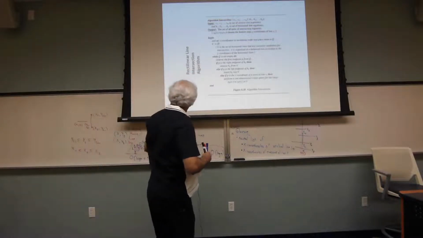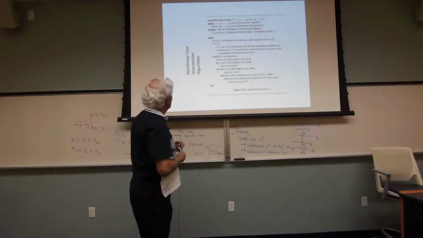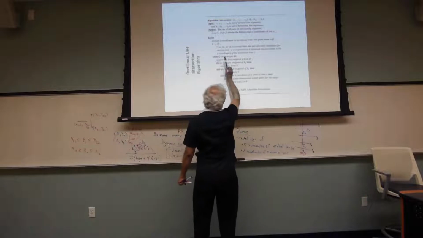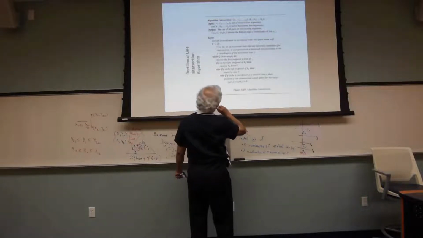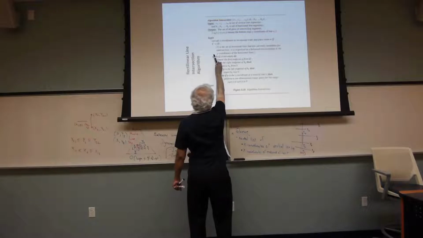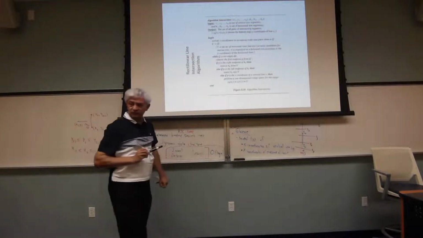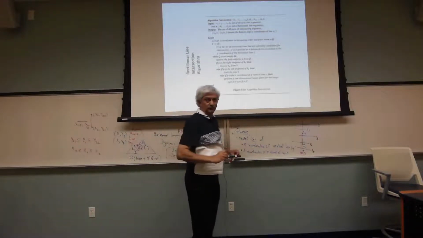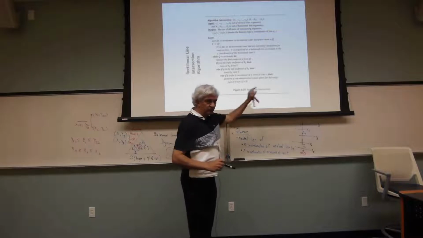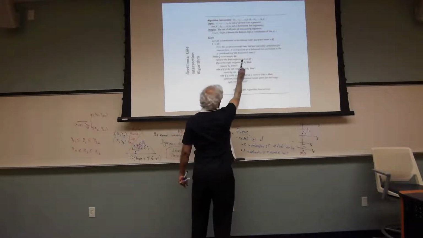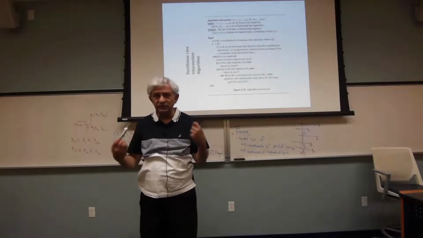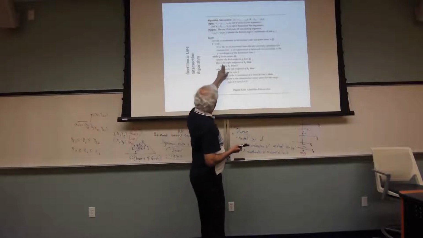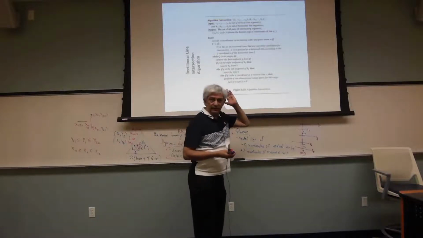Then we start this data structure. That data structure is not quite made clear here. Think of your data structure as empty to start with. Then it says until you get to the end of the event queue, so you're going from left to right, you look at the first endpoint that comes out of the queue, the next thing on your sorted list, and you check whether it's a left endpoint, right endpoint, or a vertical line.